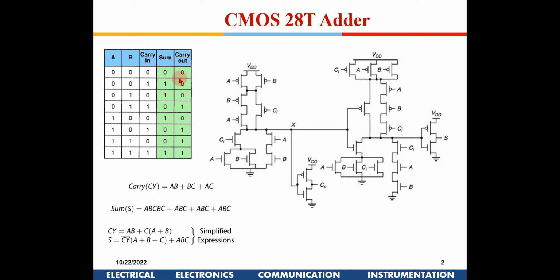So there is one sum here where all 3 of them are 1. So I write ABC here for this one, and then invert of carry, but it should not get inverted for this particular condition. And what is this condition? When all of them are 0, okay.